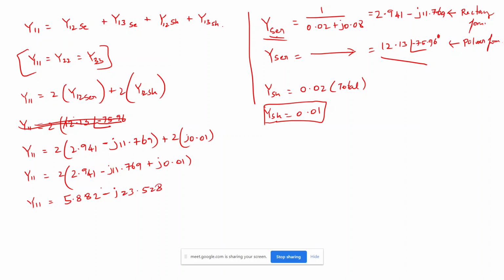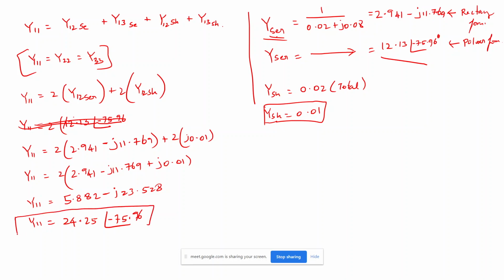Good, it is correct. Now convert this into polar form: 24.25 at the angle of minus 75.96. So this is your y11 value.